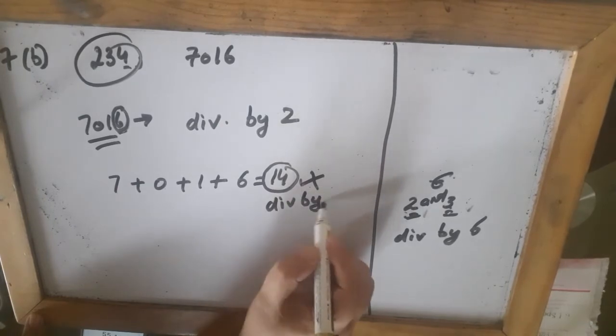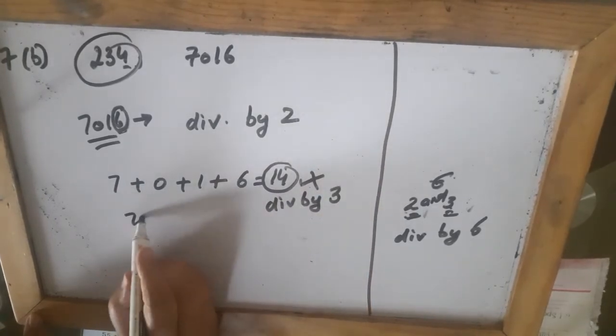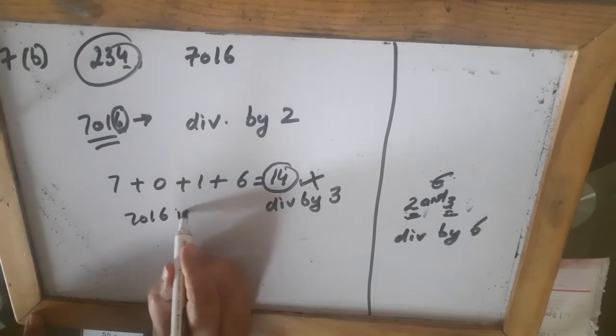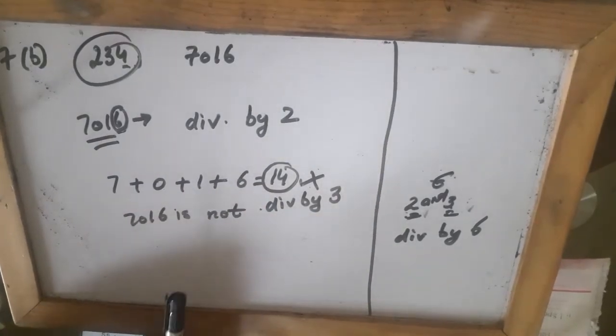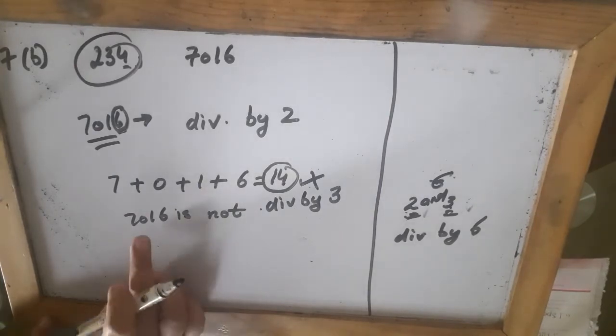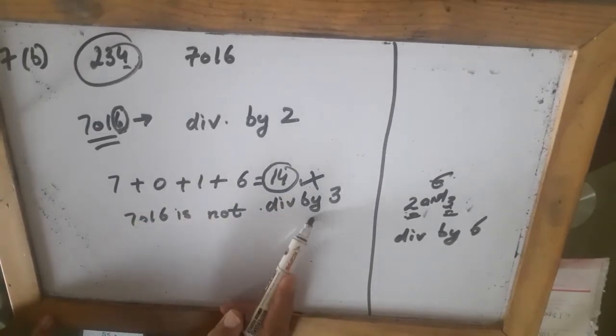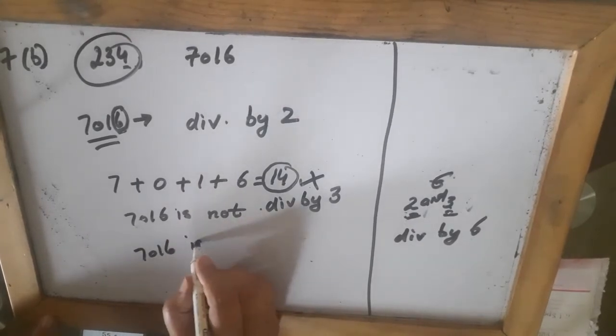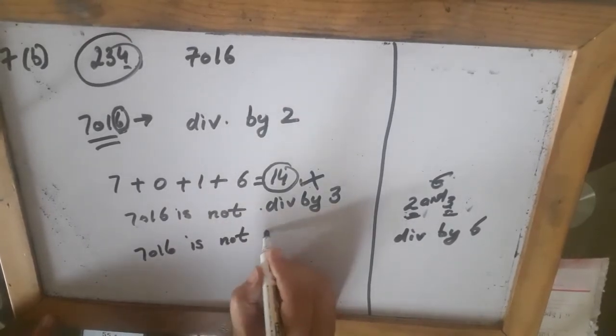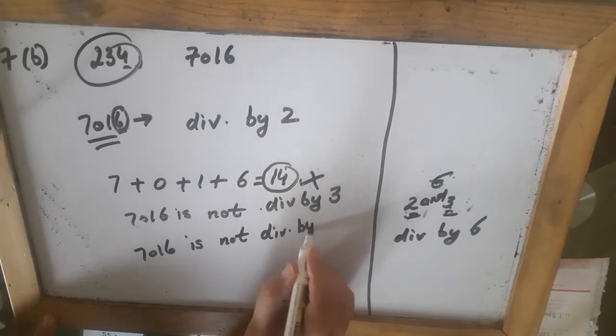So 7016 is not divisible by 3. Since 7016 is not divisible by 3, it's not divisible by 6 also.